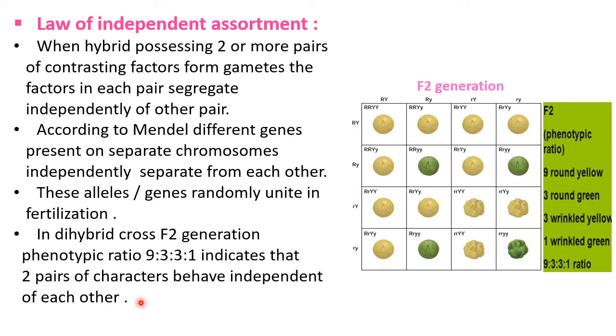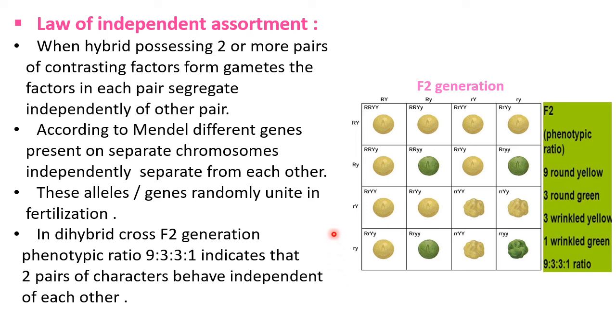So for this we have seen a dihybrid cross. You know that a dihybrid cross is a cross between two pure parents differing in two pairs of contrasting characters. We have seen the example of a dihybrid cross between a round yellow seeded plant and a wrinkled green seeded plant.